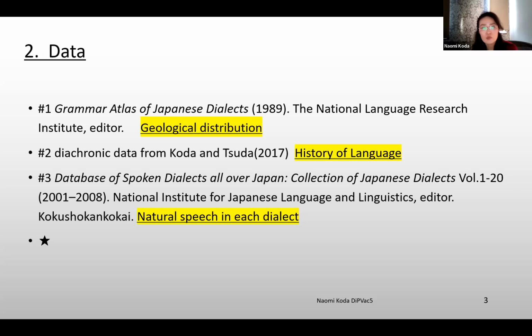This data is about the history of language. Number three, the database of spoken dialects all over Japan, Collection of Japanese Dialects, volumes 1 to 20, National Institute for Japanese Language and Linguistics. This data is about natural speech in each dialect.